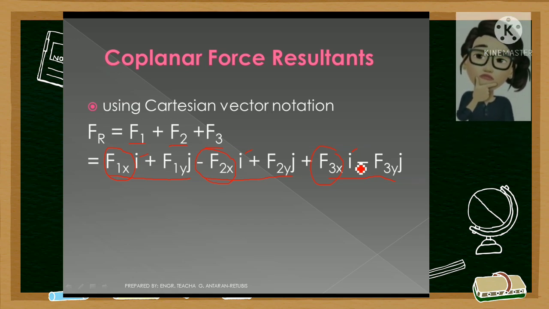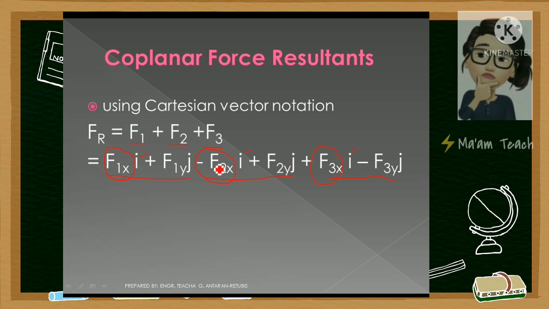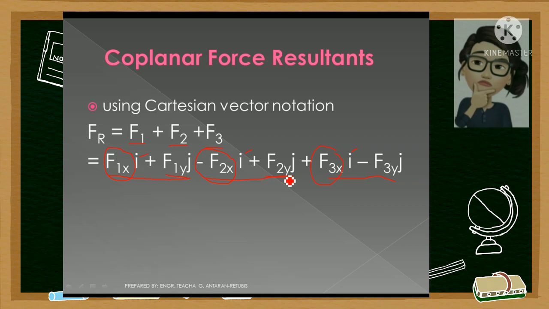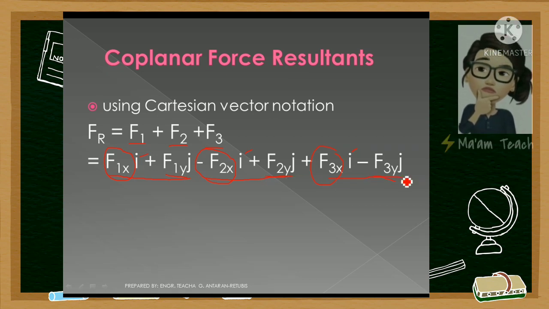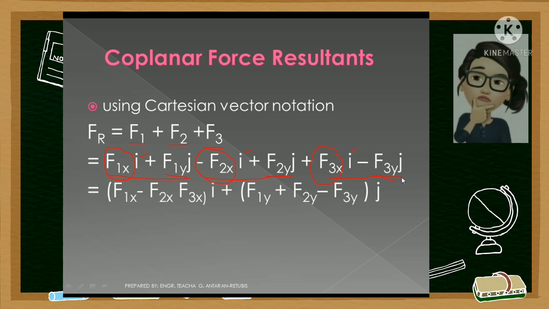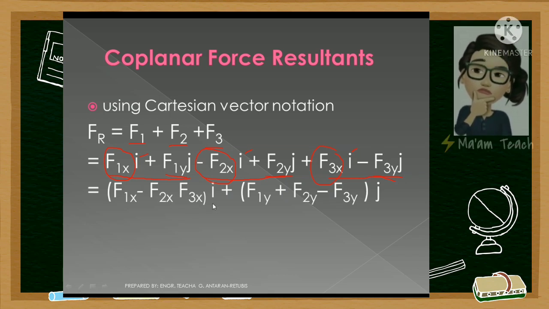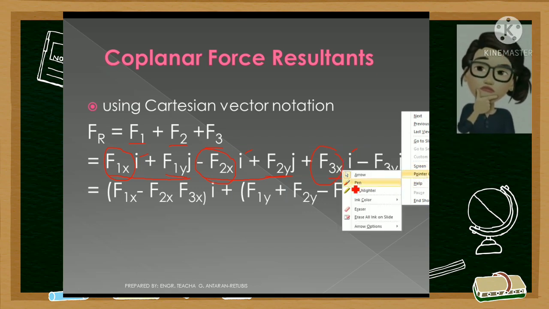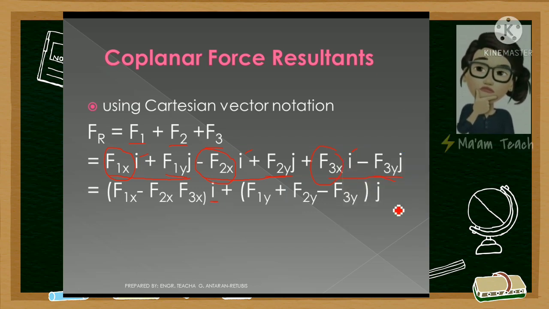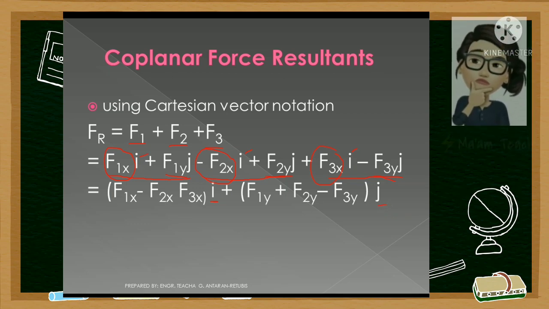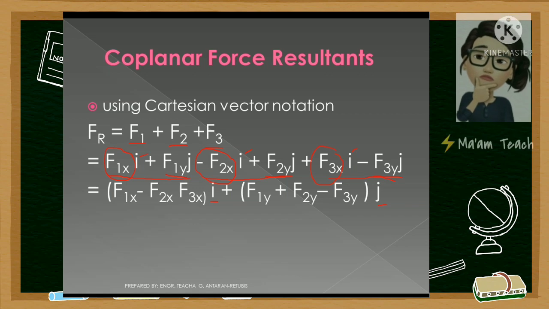As well as for the j, we will add F1y, F2y, and negative F3y. So the result is like this. You just factor out the i and the j, because they have the same direction, which is i and j. From that, class, you'll be able to solve for the resultant.